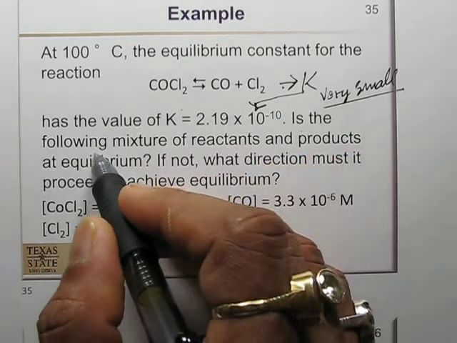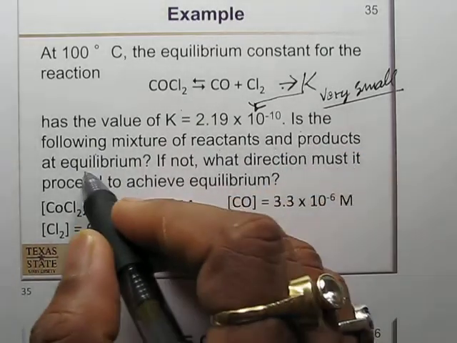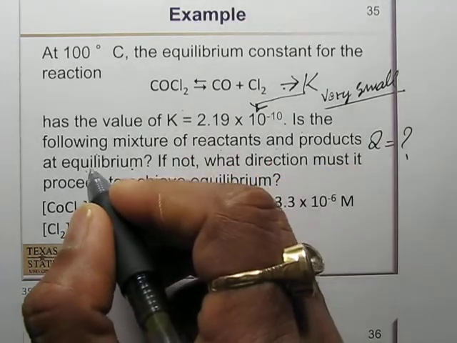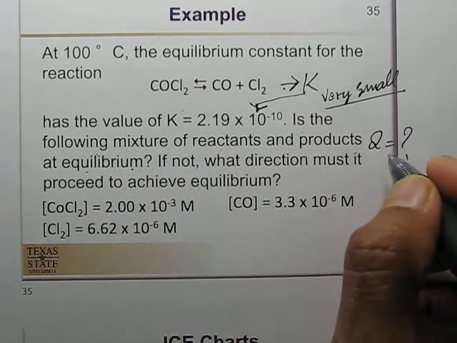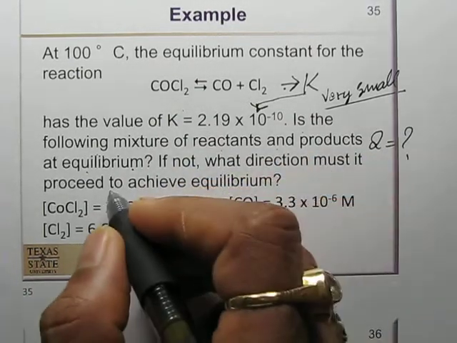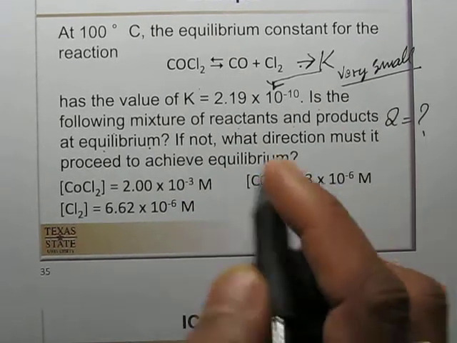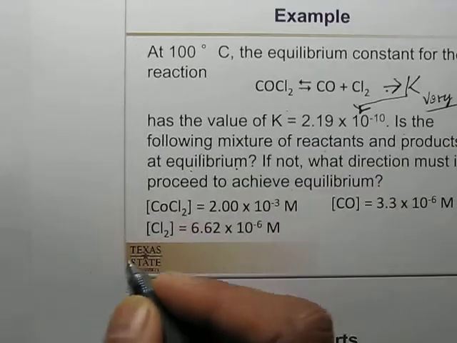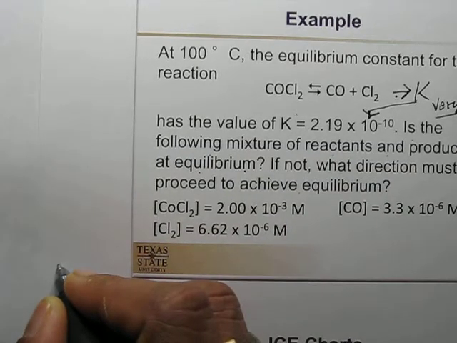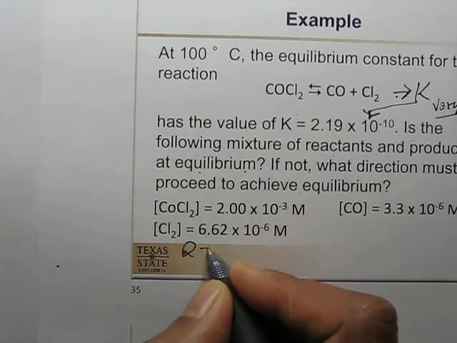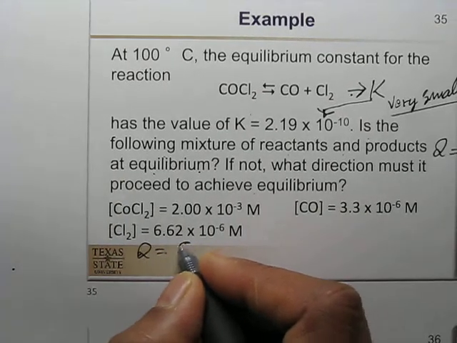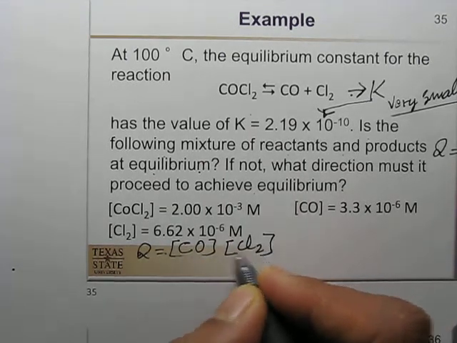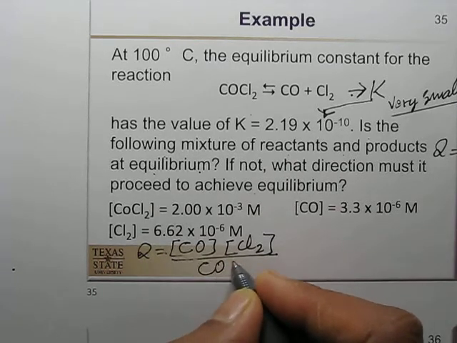So is the following mixture of reactant and product at equilibrium? Here is the question. To know whether the reaction is in equilibrium or not, we have to calculate Q. In what direction must the reaction proceed to achieve equilibrium? And these concentrations are given. So we calculate Q for this reaction. Q will be equal to the product concentrations of CO and Cl2 divided by COCl2.